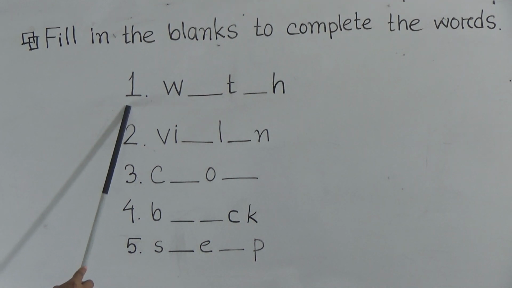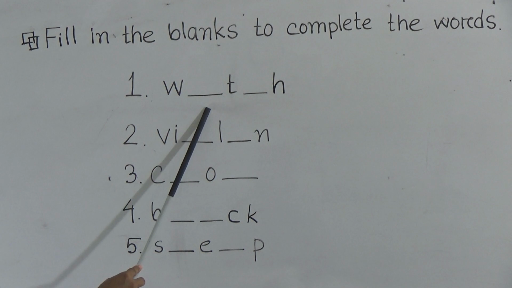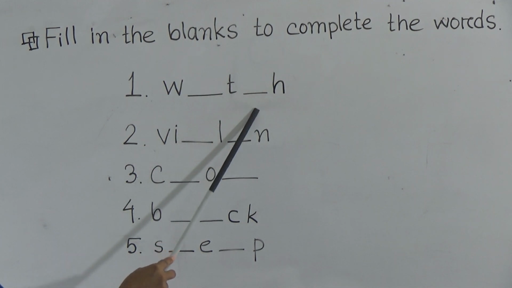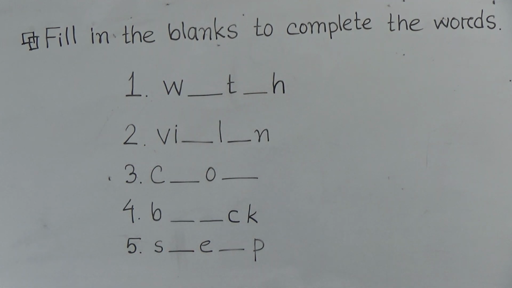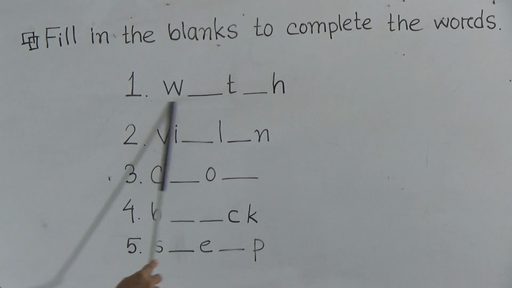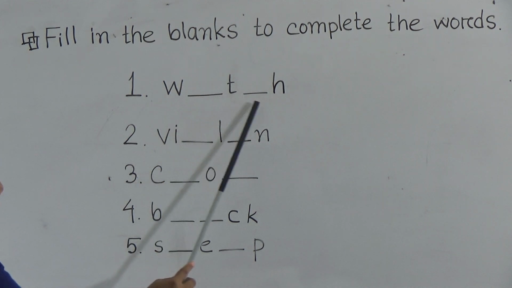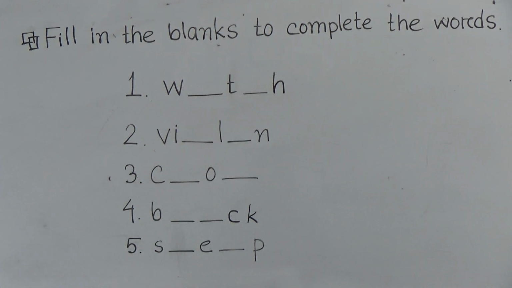Now our first fill in the blank is W, gap, T, gap, H. Students, can you think a word with this? You have to put some letters in the gaps.